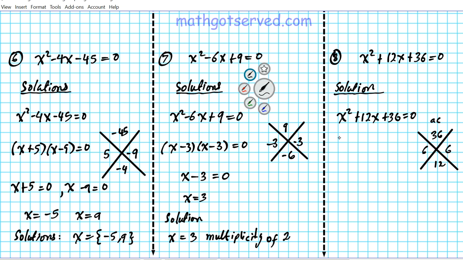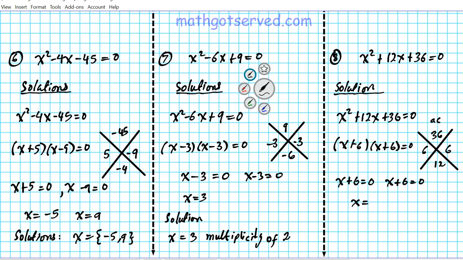Now since a is equal to 1, skip grouping, we have x plus 6 times x plus 6 equals 0. Now using the zero product property, we're going to set both factors to 0. So you notice that this is just like the previous one. Okay, in the previous one, both factors were identical. So you just do it once, okay? So if you solve one of them, that's sufficient.